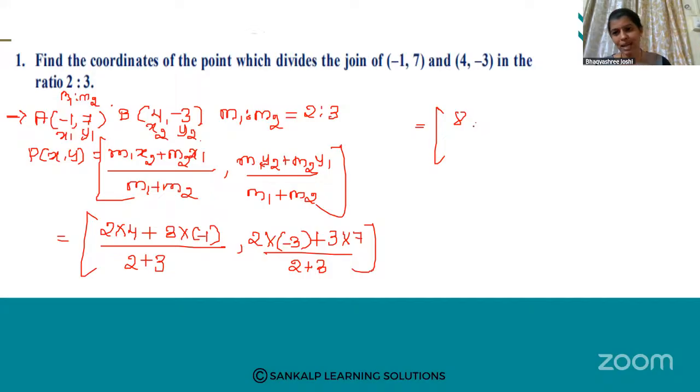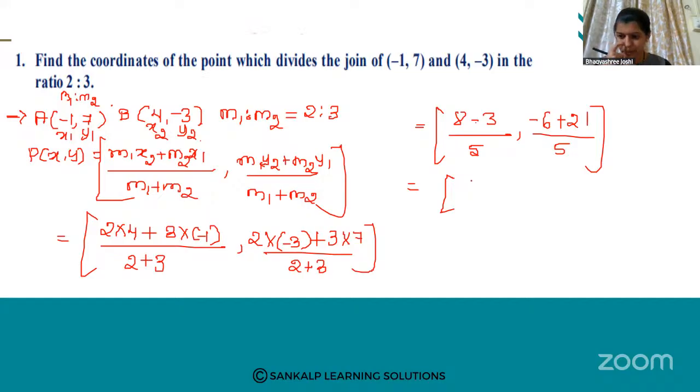So 3 1s are 3, that is -3, divided by 2 plus 3, that is 5. 2 into -3, 2 3s are 6, that is -6, plus 7 3s are 21, divided by 5. 8 minus 3 is 5, and 5 divided by 5 is 1. 21 minus 6 is 15, right? 15 divided by 5 is 3. So the coordinates are 1 and 3. This is x, this is y, right? Coordinates are 1 and 3.